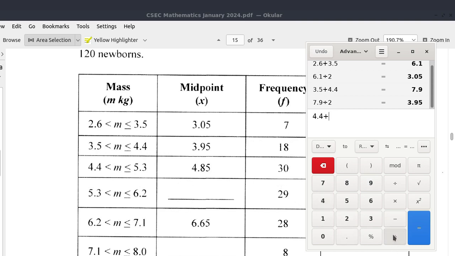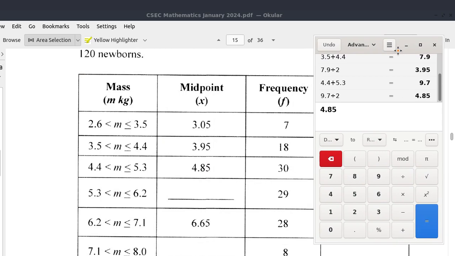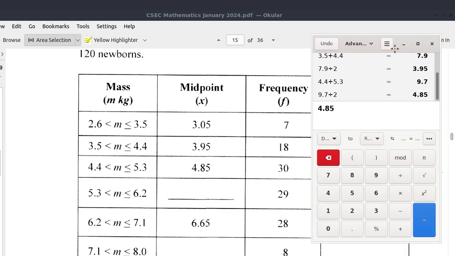4.4 plus 5.3 over 2 equals 4.85. Then 5.3 plus 6.2, divide it by 2, and you get 5.75.